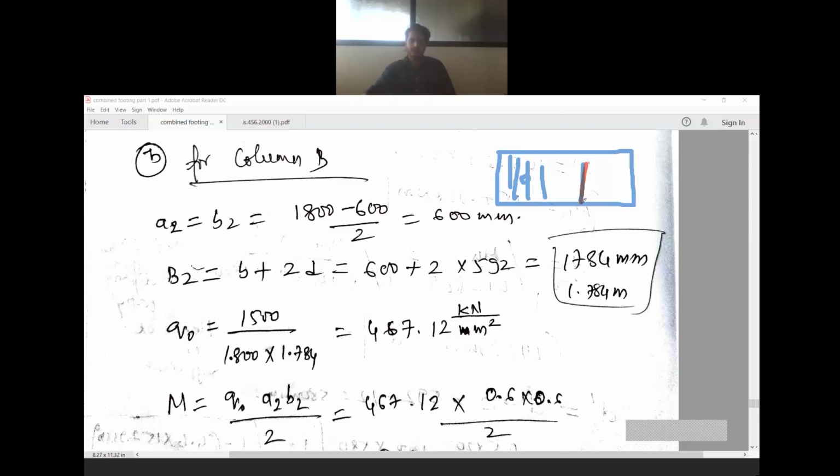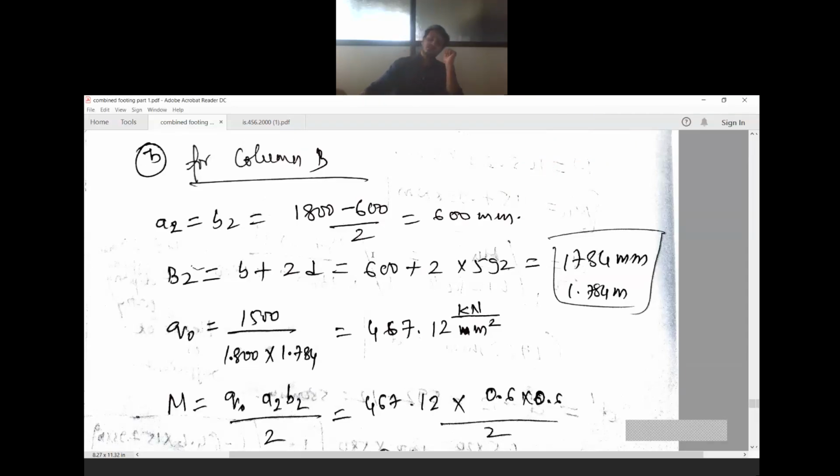Later we shall consider this portion's transverse reinforcement. So what is this length? This length is B1. What is this length? This is B2, which is what we are going to calculate right now.